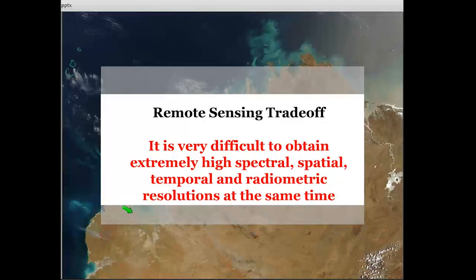On the other hand, the OMI sensor compromises on the spatial resolution. It has a 13-kilometer resolution, but it has a very high spectral resolution. We do that because the purpose of MODIS is to detect the big picture type of things, like clouds and aerosols.